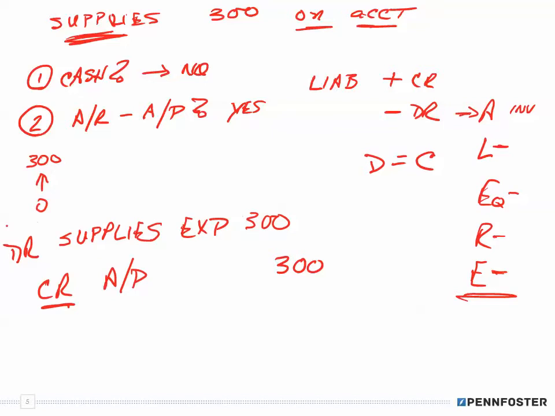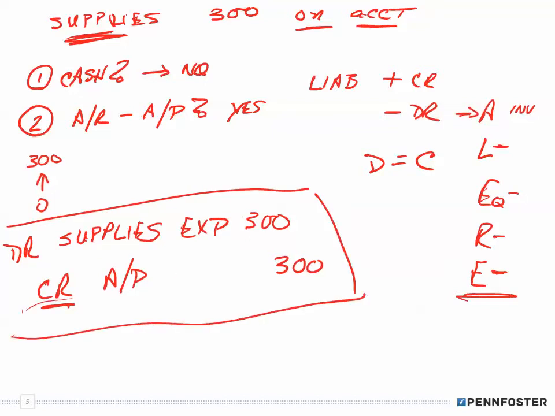And there I have my journal entry, right? Debits equal credits, my debits of 300 and credits of 300, and I have the correct journal entry. I backed into the supplies expense and it just automatically made the journal entry correct.